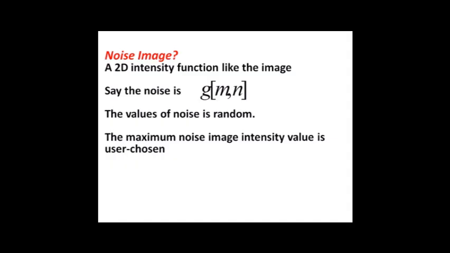Any value can be equally likely for the noise, and the noise value is also unpredictable. We cannot predict with certainty. Maximum noise image intensity value is completely user chosen, which is related with noise strength compared to the original image.